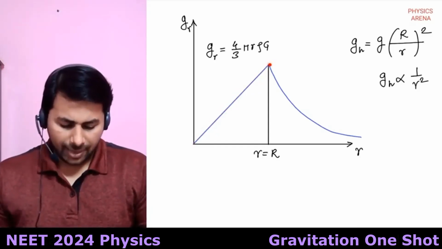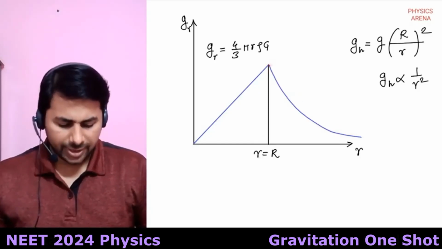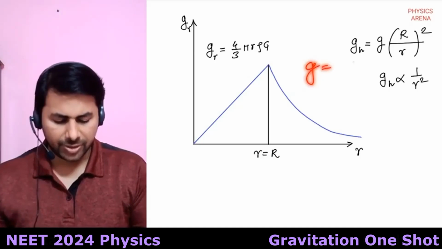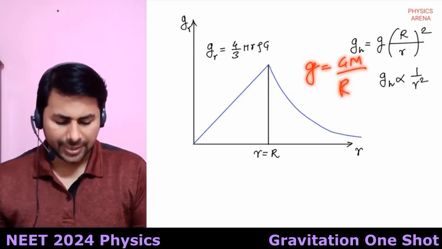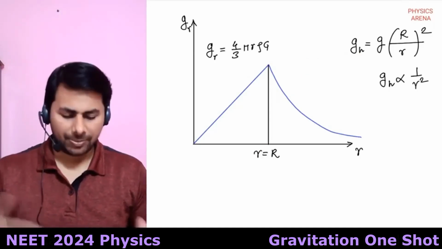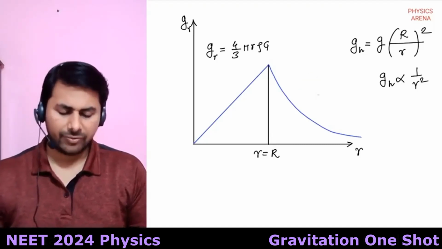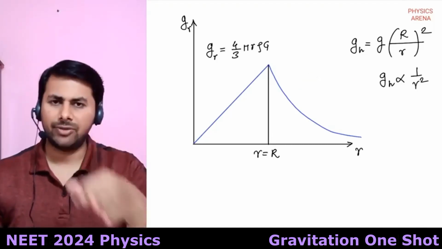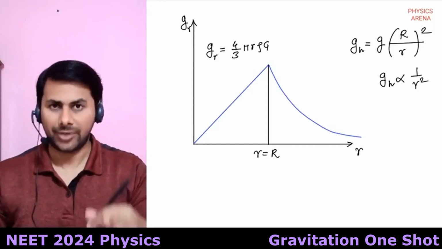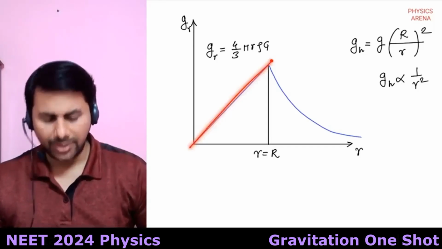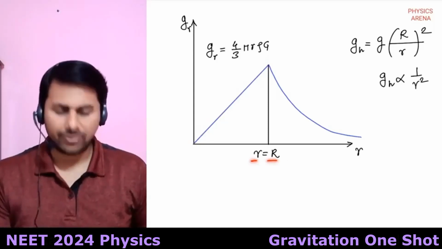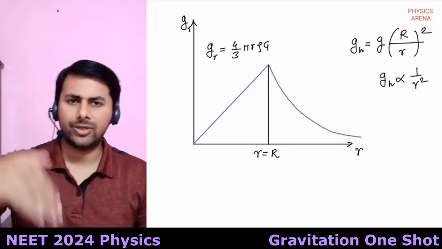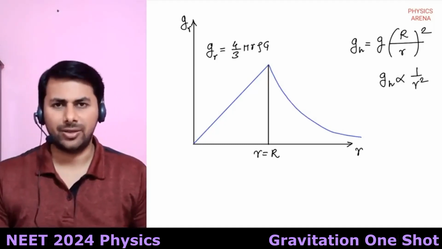And after this point, at small r equal to capital R, small g will be equal to GM upon r square. After that point, g will be equal to GM divided by small r square. It's inversely proportional to r square. So till small r equals capital R, it's directly proportional to r. After this point, it's inversely proportional to r square.